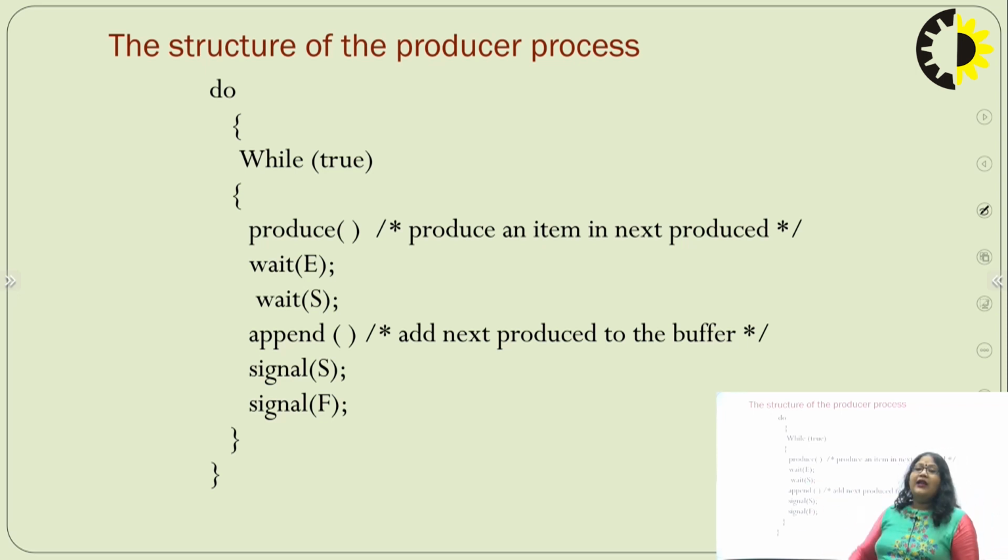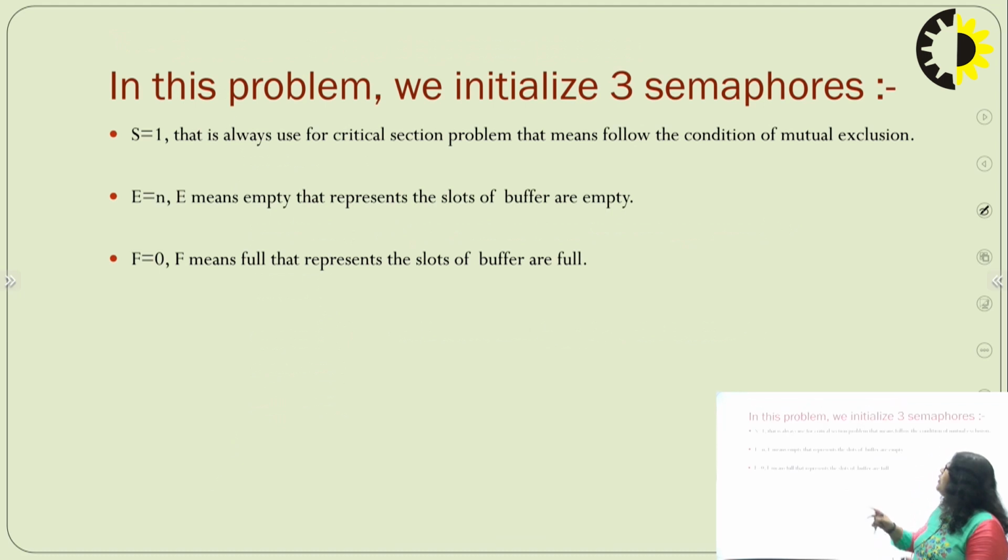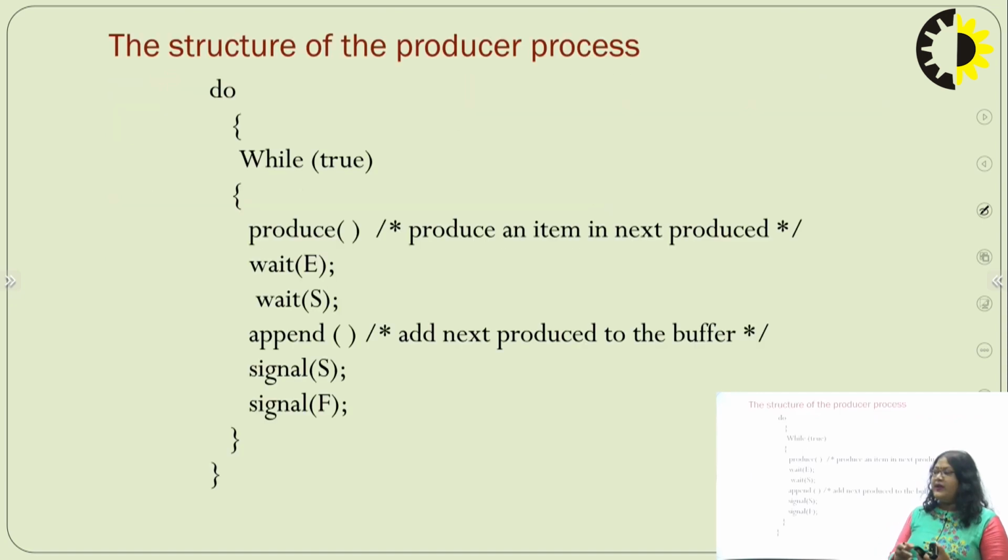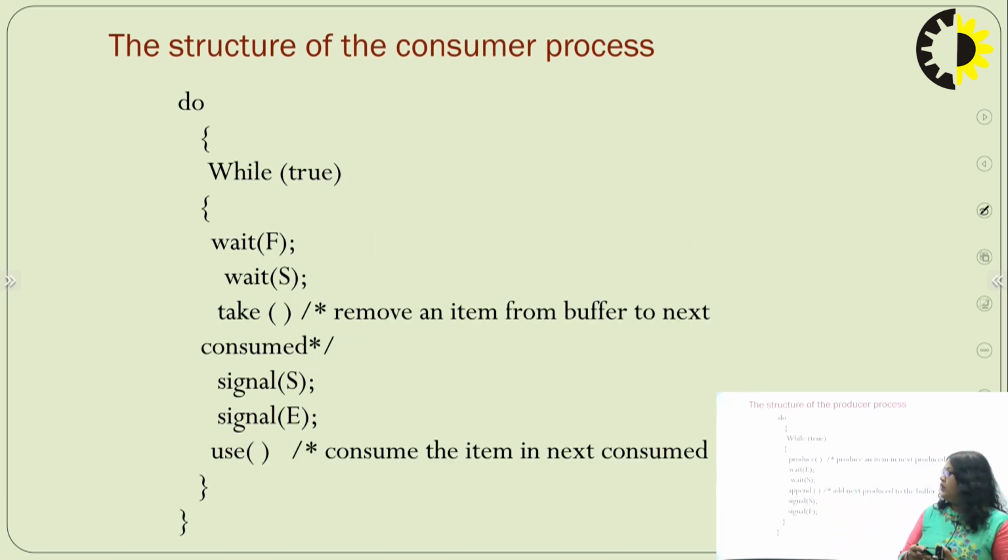When the value of E equals N, the slots of the buffer are empty, so we can produce the item. Then we signal S to release the critical section, and signal F means the item we produced is increased by the producer.